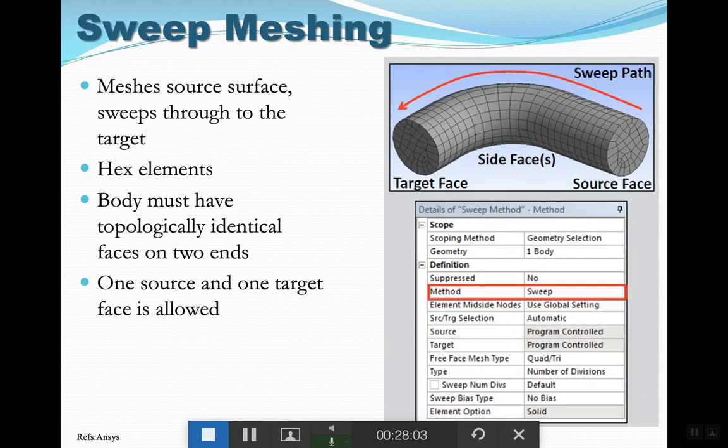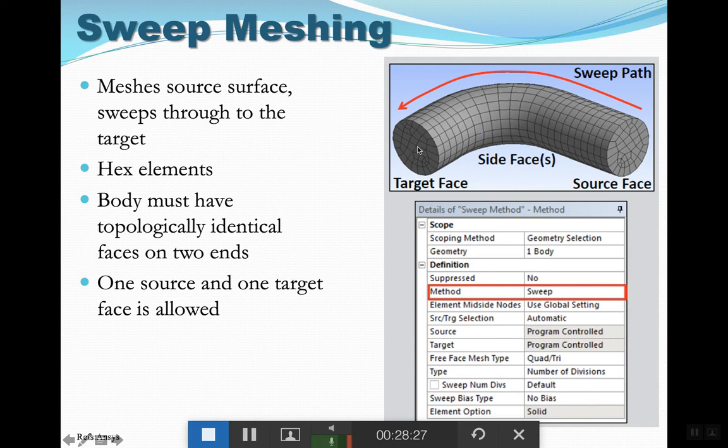The next method is sweep meshing. Sweep meshing is usually used for a geometry whose cross section does not change along the length, usually an extrusion. You see here. The idea is, if I have this geometry, wherever I do the cross section cut, I will see essentially this face.